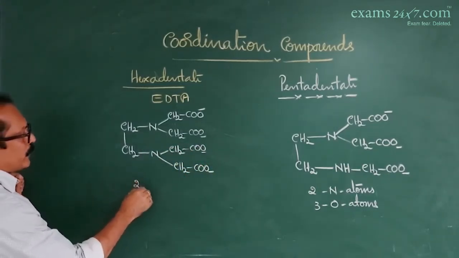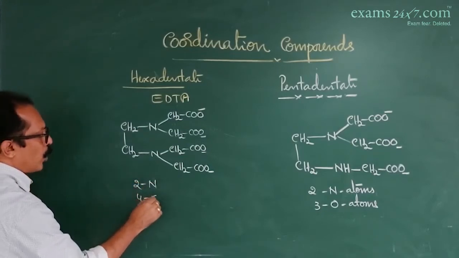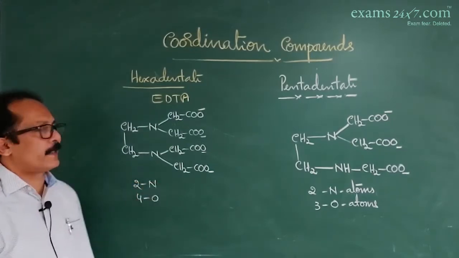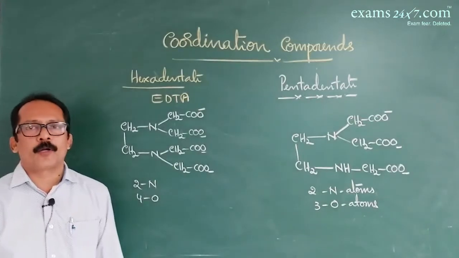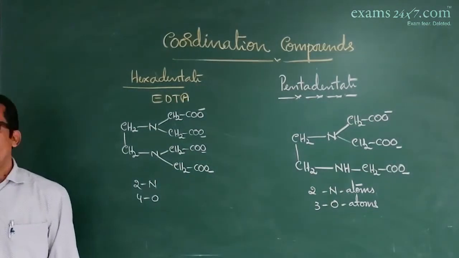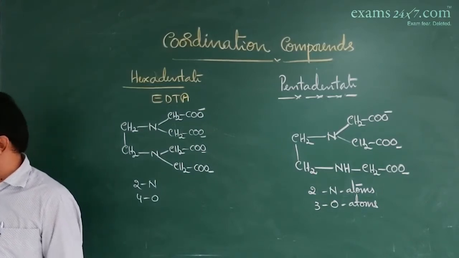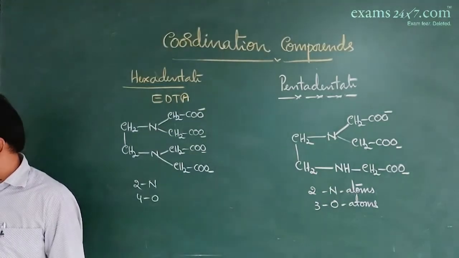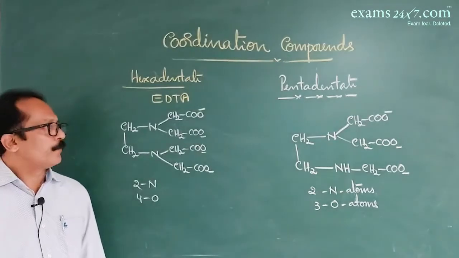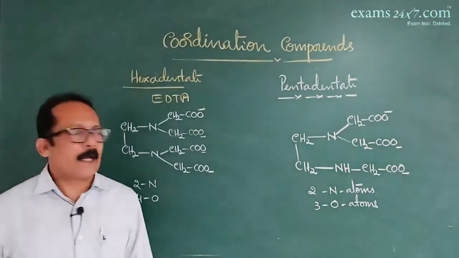Here 2 nitrogen atoms and 4 oxygen atoms act as donor atoms. So, it is an example for hexadentate ligand. Example for hexadentate ligand is ethylene diamine tetraacetate ion.